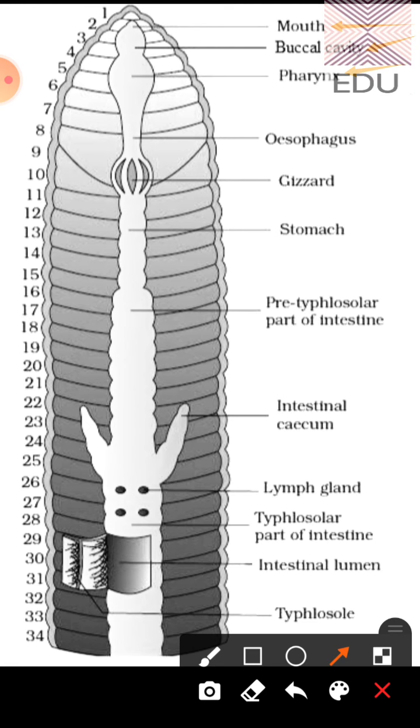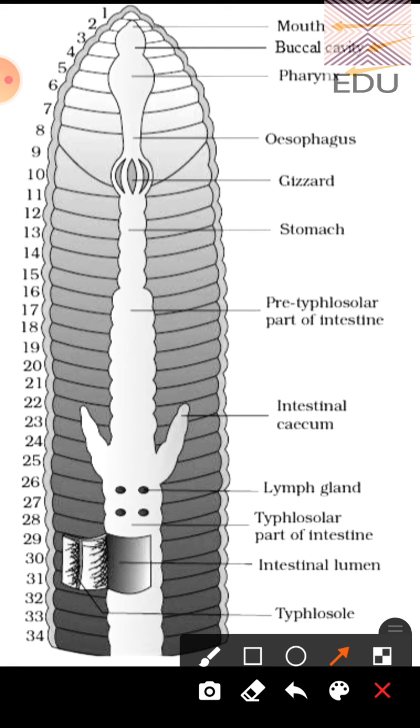If we cut the TS of the pharynx, the above wall, or the dorsal side, has a pharyngeal mass. This is a mass present on the dorsal side and it is ciliated. And this mass has the pharyngeal glands. We'll be talking about these glands in the digestive part of this system.